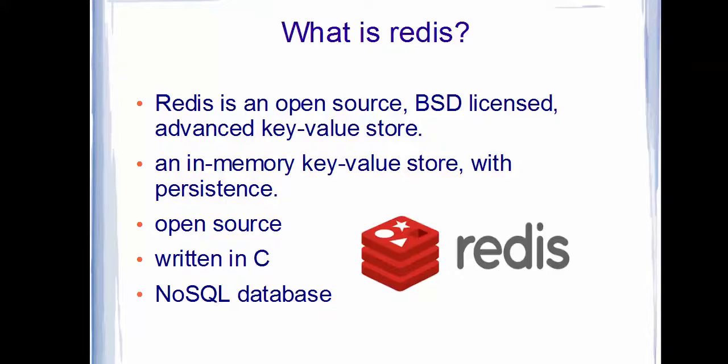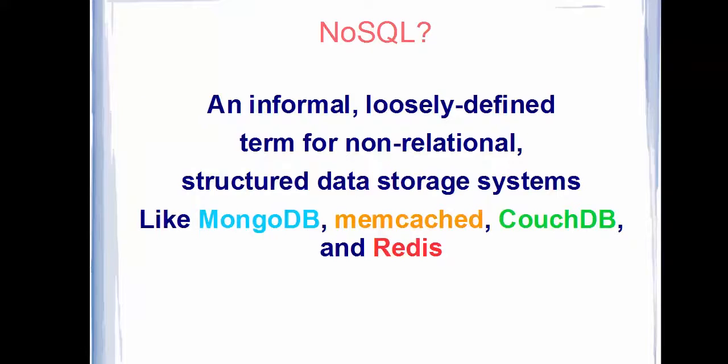Now I already said that it's BSD licensed, that means it's open source. Redis is written in C and it's a NoSQL database. Now what is NoSQL? NoSQL is an informal, loosely defined term for non-relational structured data storage systems like MongoDB, Memcached, CouchDB or Cassandra.